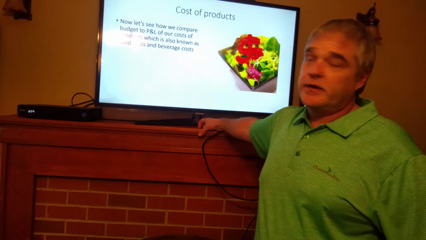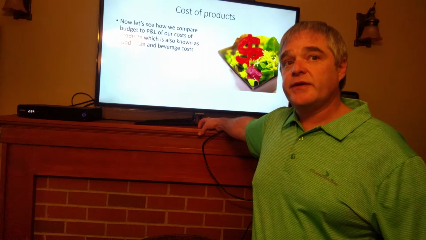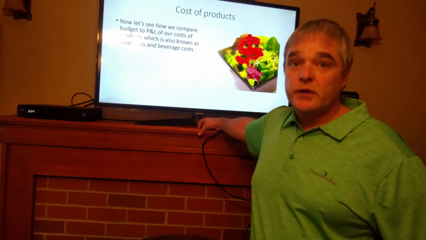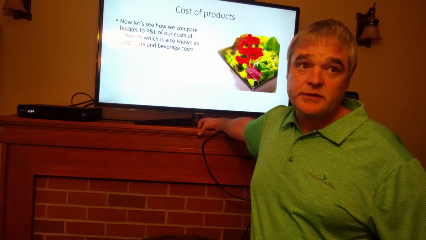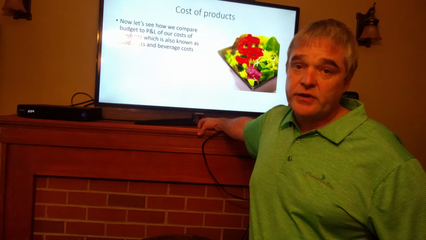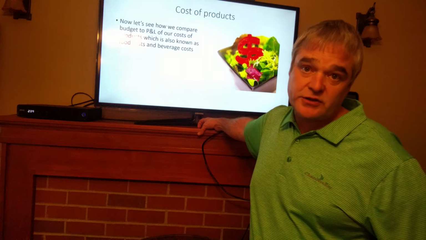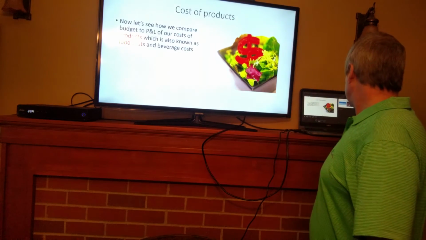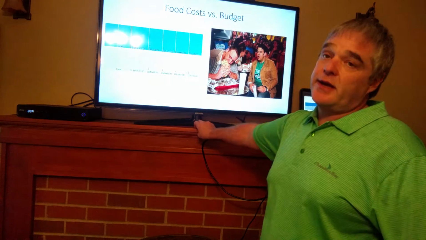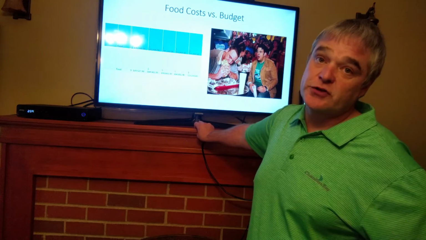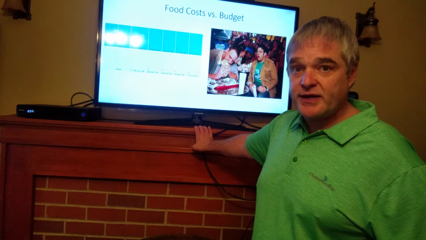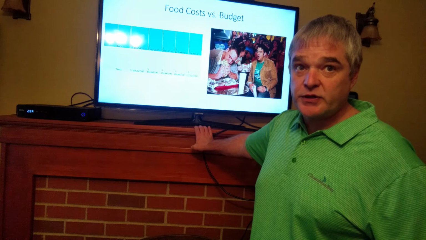So, the cost of the products. This is everything from all the food that you bring in, all the beverage that you bring in, your linens, your napkins, tablecloths, everything that comes in the door. Broken dishes, if you have any, dishwashing detergent, bleach, etc. When we take a look at the food cost versus the budget, the budget said $791,000.